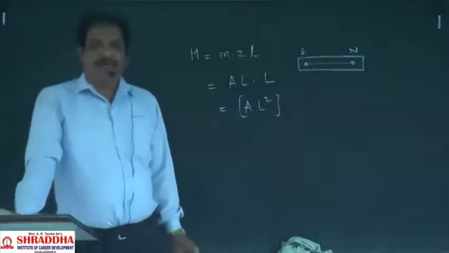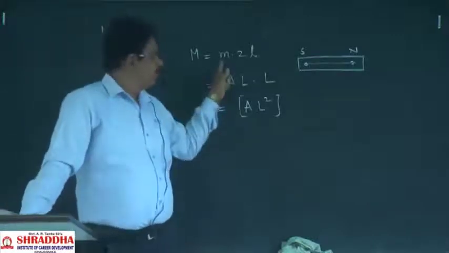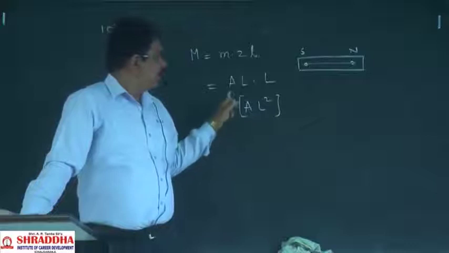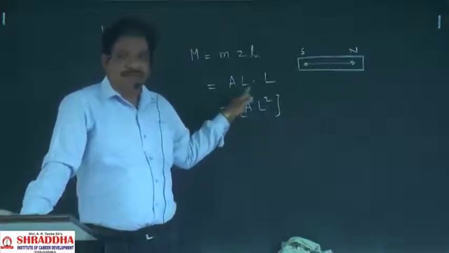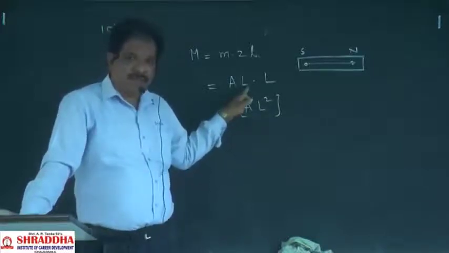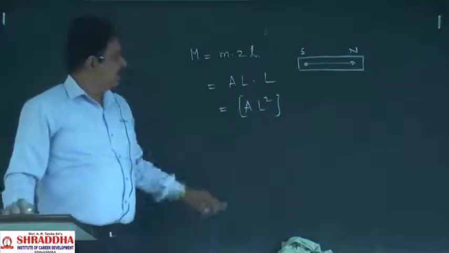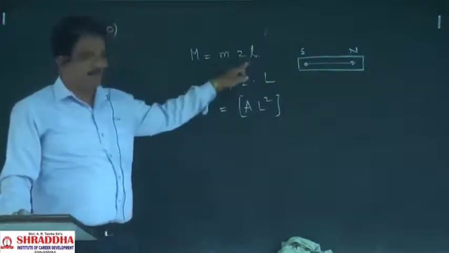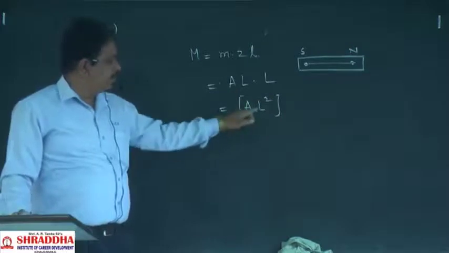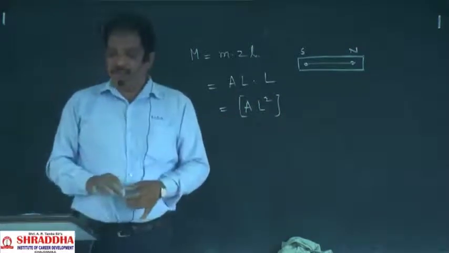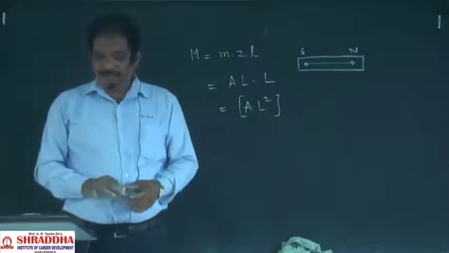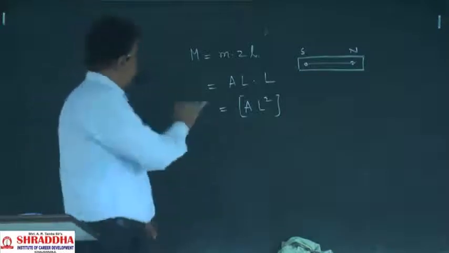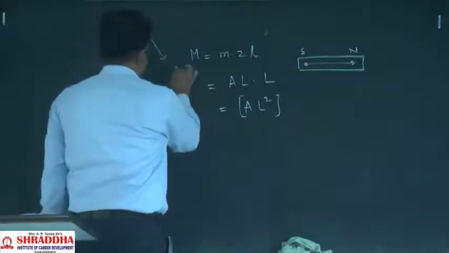That is called the length of the magnet. Small m into 2L, pole strength dimensional formula will be AL. Length means 2 is a constant, length will be L. So this value is AL square, 10th it will be B.